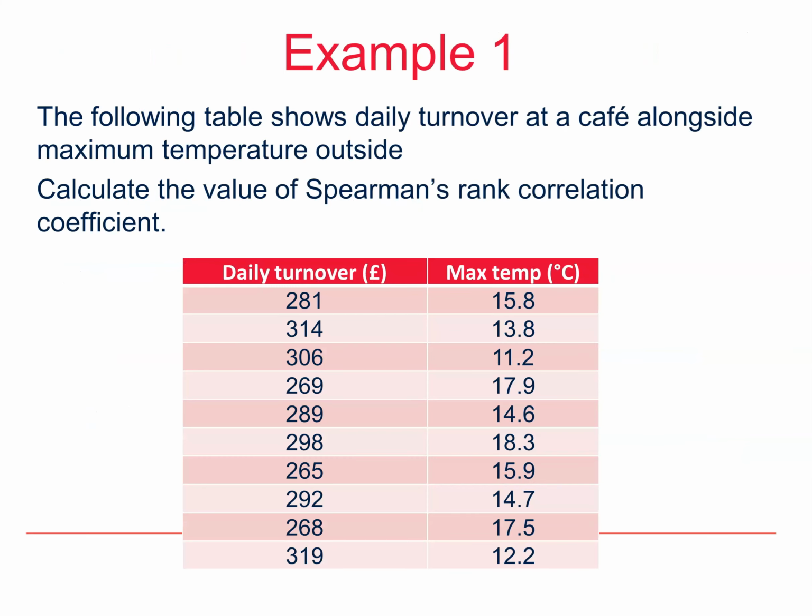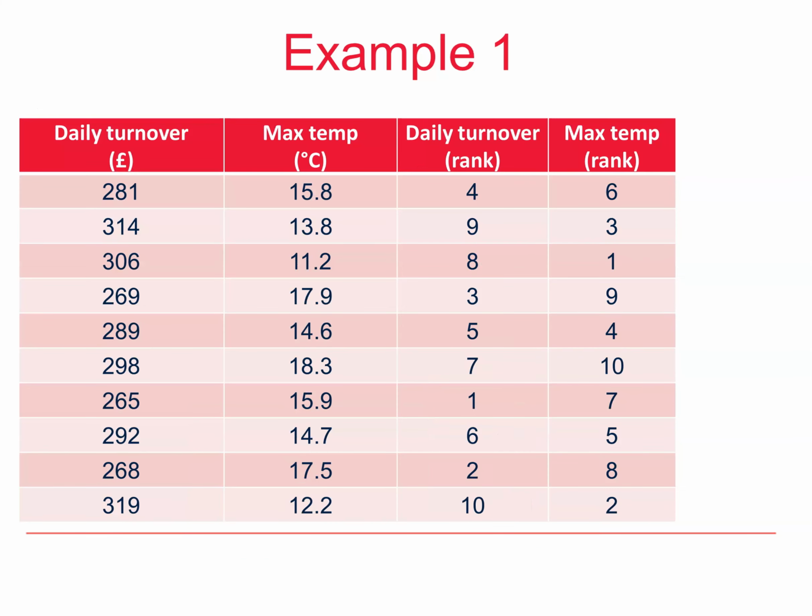Here's how it works. In this example, we're looking for an association between maximum temperature and daily turnover for a cafe. First of all, you rank the two sets of values. Make sure you rank both sets of data in the same order, or correlation will switch direction.